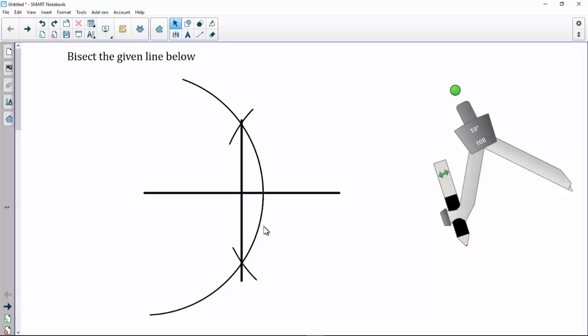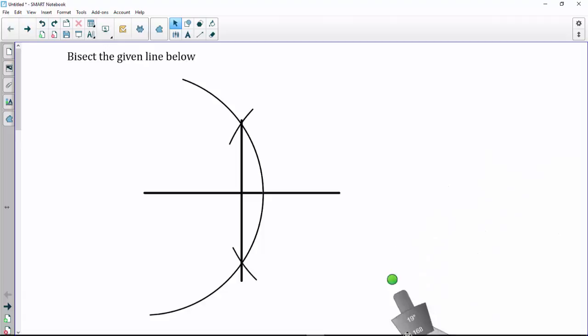With practice, you can actually draw your arc smaller, just like how I draw my small intersecting arcs. But as you will see in the other examples, they may not be so simple, but with practice they will become simple. So I just bisected a horizontal line.